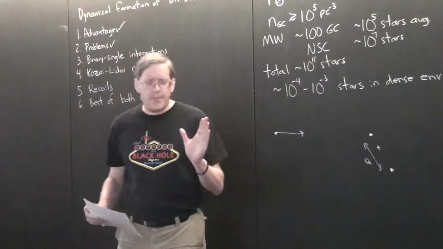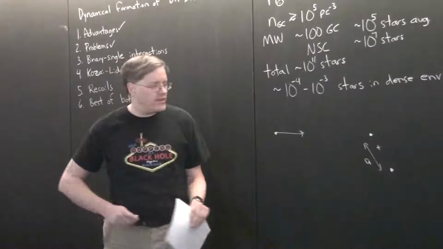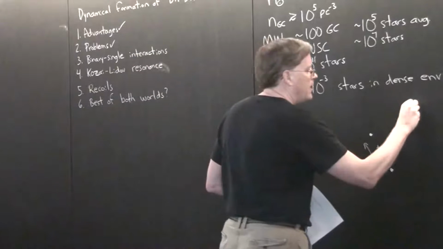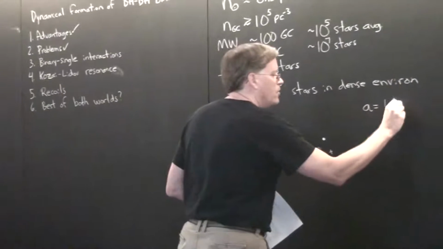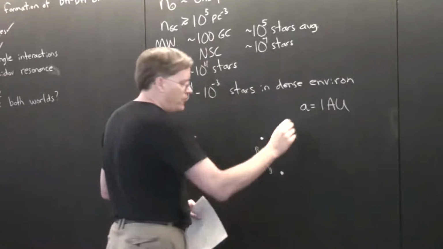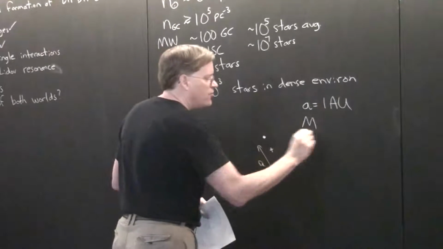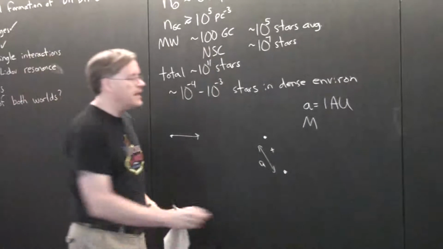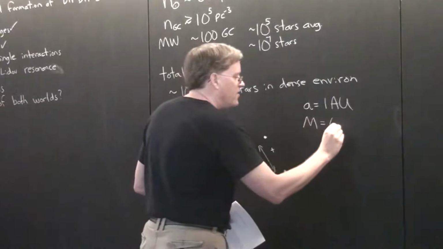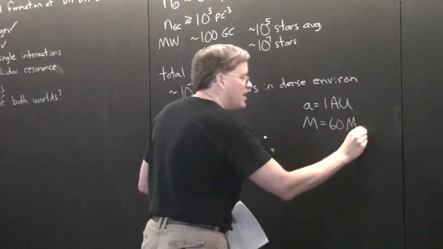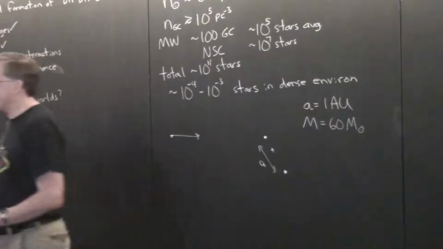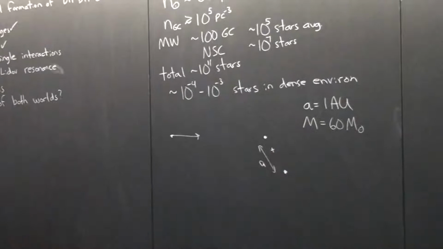If we think now about the properties of this, let's suppose that, for example, A is equal to 1 AU, and let's suppose that the mass, so this is going to be the total mass of the binary, is on the order of 60 solar masses, because that apparently is everyone's favorite number these days for double black hole binaries.